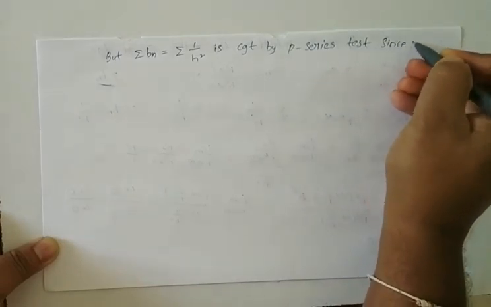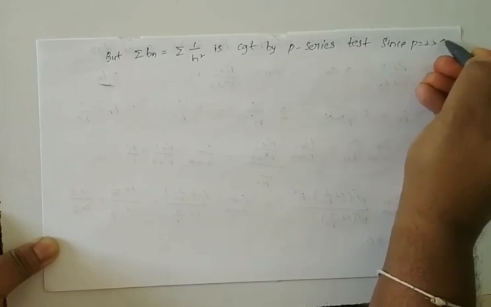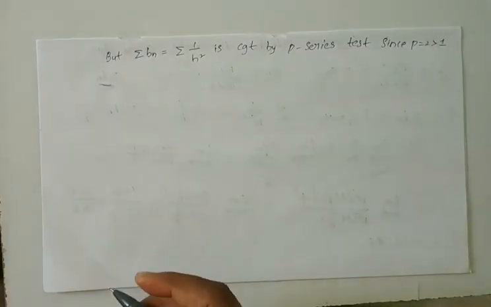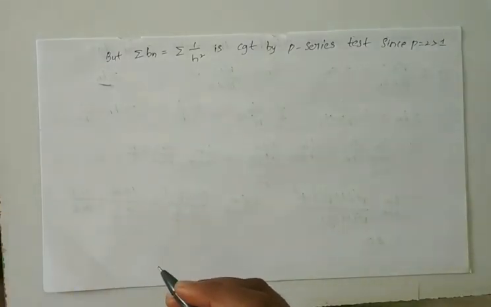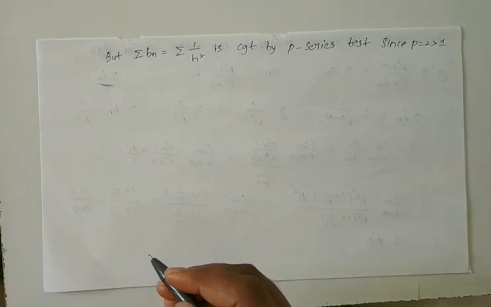Since p is equal to 2, which is greater than 1, we already know that summation 1 by n square is convergent by the p-series test.